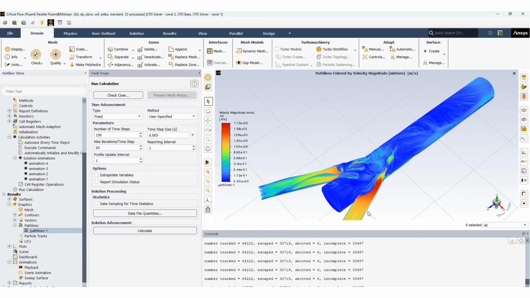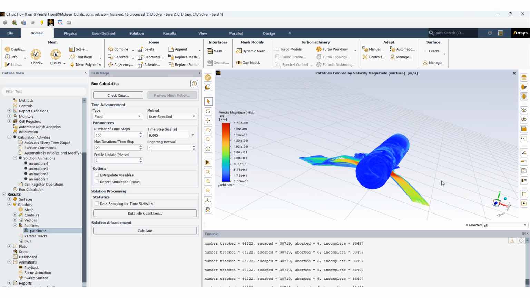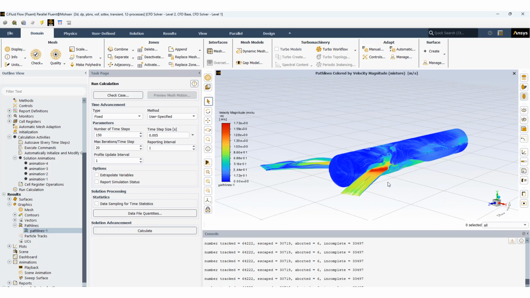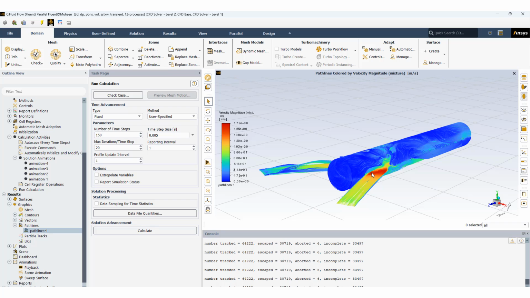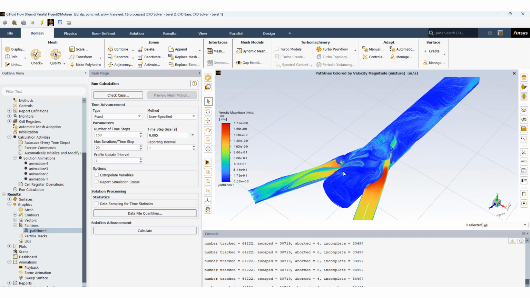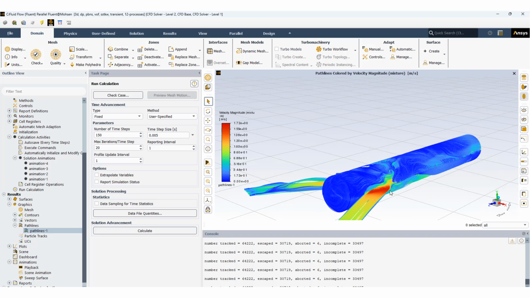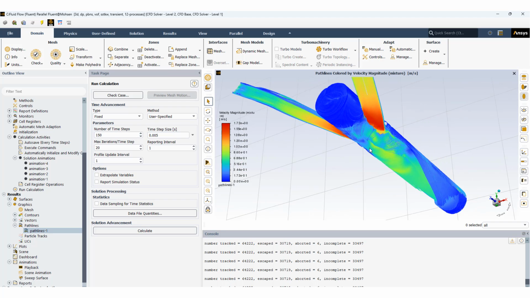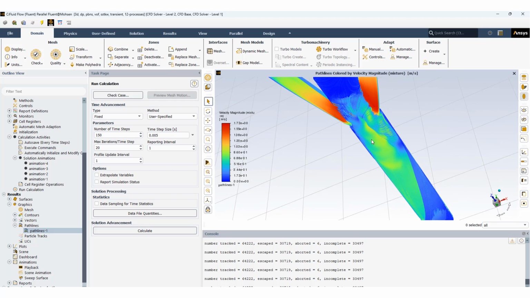As you can see here, the flow is developed, with higher velocity when the merging started. Maybe it is easier to see from the bottom view.